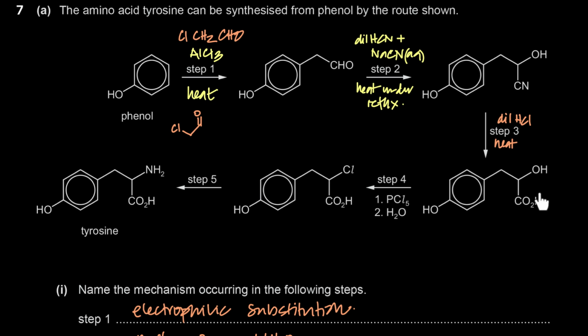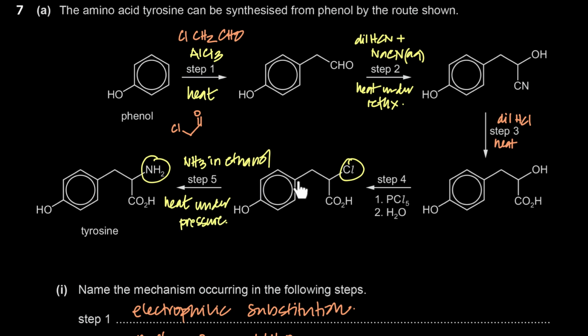And in step number 5, Cl to NH2. I was saying earlier that if you're going from a halogenoalkane to an amine, in AS you just needed ammonia and ethanol and heat. But in A2 you have to specify heat under pressure, in a sealed container, so that when the gas is produced, it stays in the container and increases pressure.